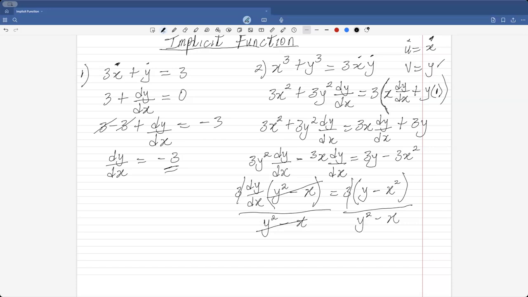We are left with dy/dx equals y minus x squared over y squared minus x. And this is the final answer for this problem. So let's do some cleanup here and move to the next question.